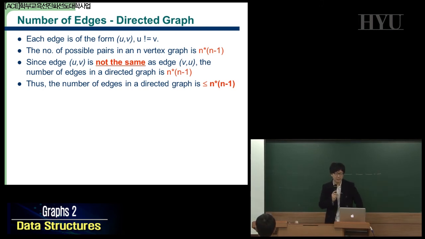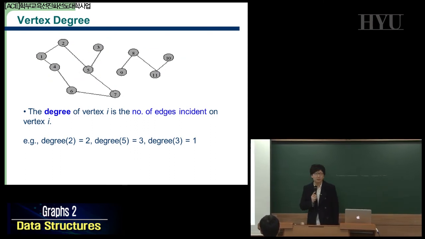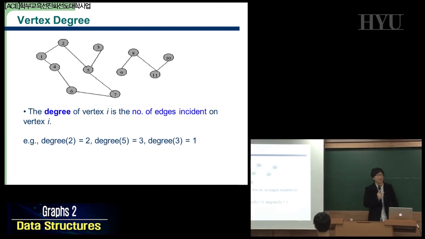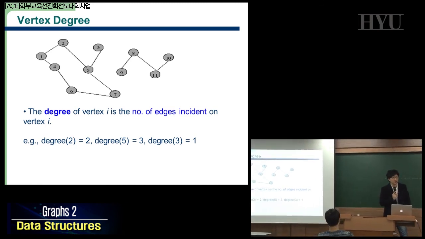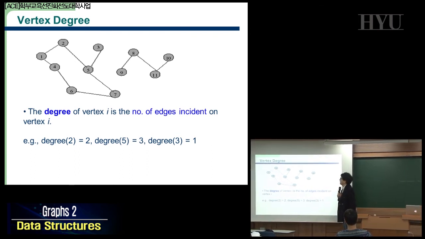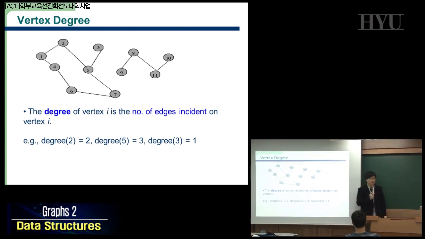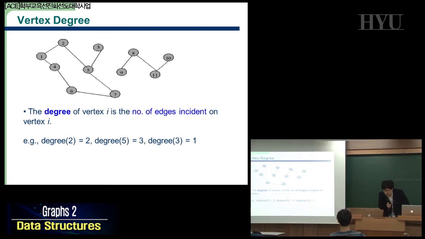That was properties. And then we started looking at the vertex degrees. Simply, a node's degree is how many edges you encounter at that node. You just simply count that. Example was like node 2 in this graph has degree 2. Two lines coming in and out of node 2. Likewise, node 5 has degree 3.